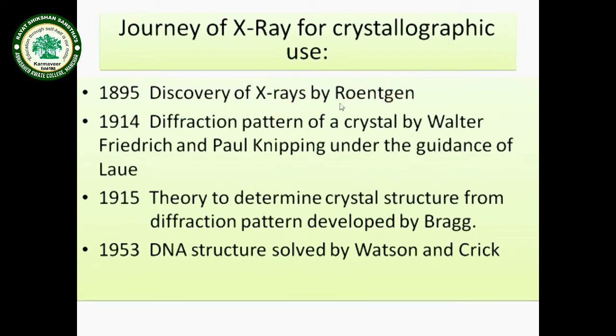After that, in 1914, Laue and his co-workers showed that a crystal can act as a grating for the diffraction of X-rays. This postulate was put forth in 1914, and for it they received the Nobel Prize.